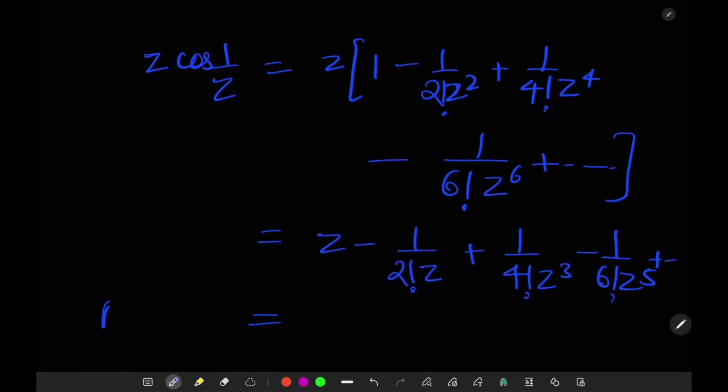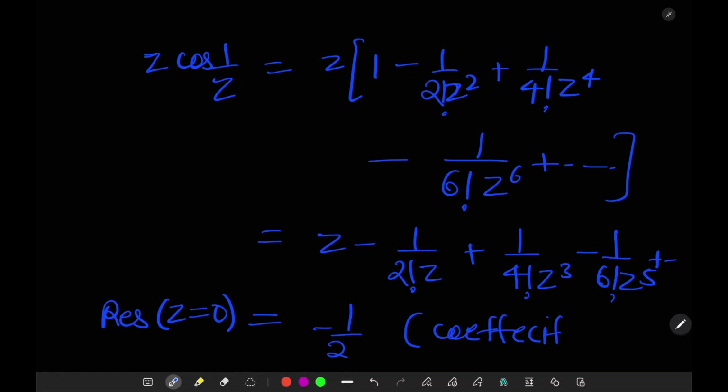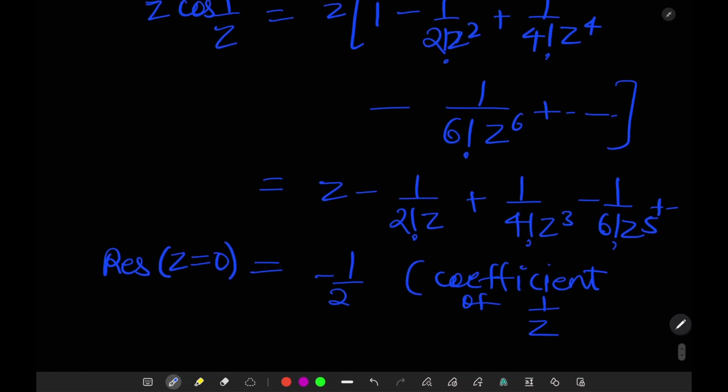Now residue at z equals to 0 is equals to minus 1 by 2 factorial, the coefficient of 1 by z.